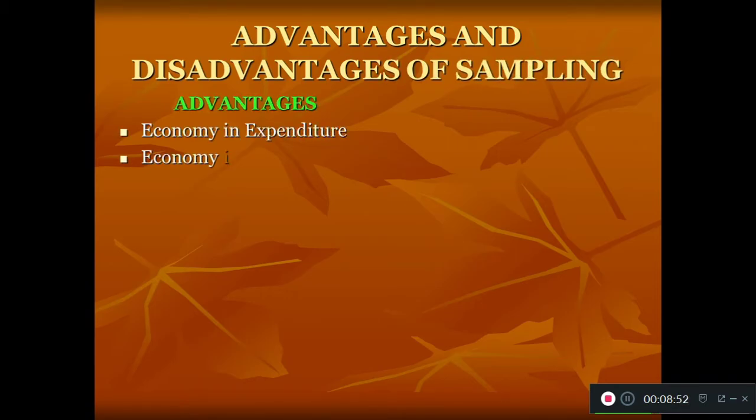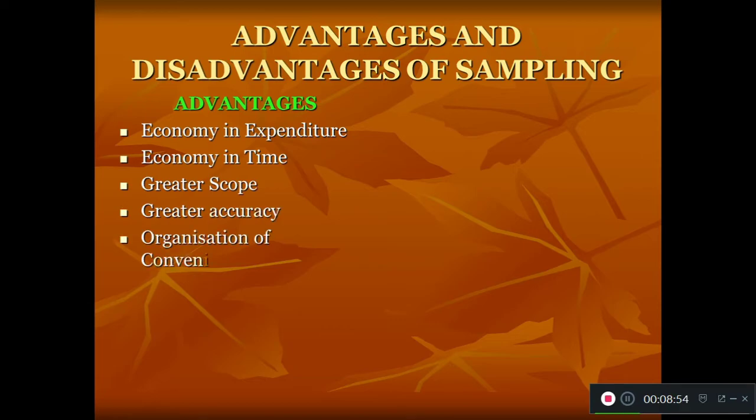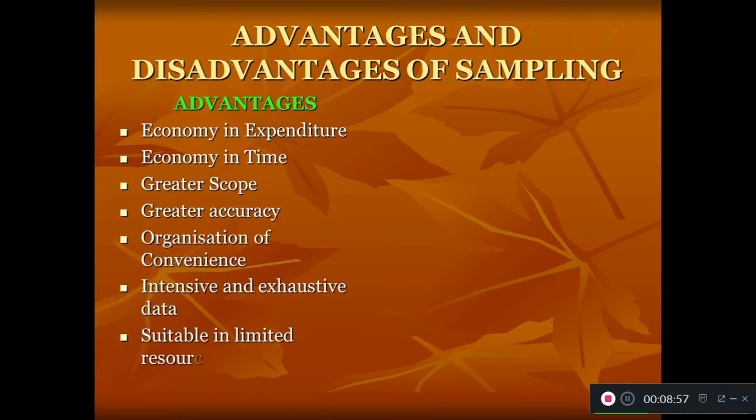So let's see the advantages first. When we have sampling, we have economy in expenditure, economy in time, and when we have a good sample, the scope of research is very good. Sampling helps to get accurate results, and we can make our work organized and convenient. Sampling helps to avoid intensive and exhaustive data, and it is also suitable for limiting our resources.